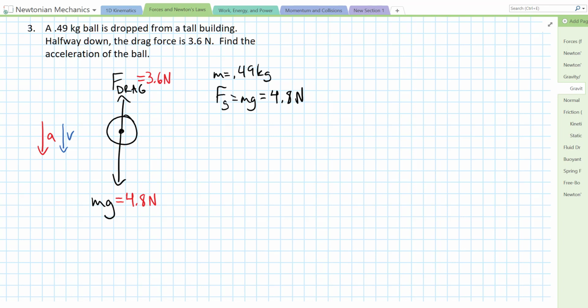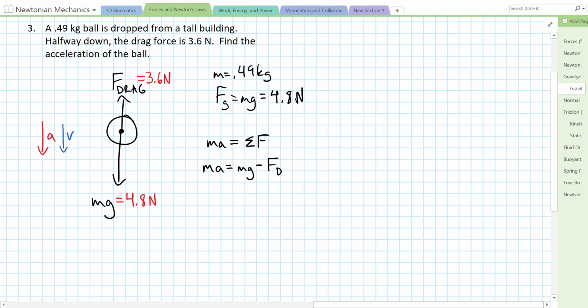Now let's set up Newton's second law. Mass times acceleration is equal to the sum of the forces. ma is equal to, well, our downward force is mg. That's going to be our positive force because our acceleration is down. So ma is equal to mg. Drag is in the negative direction, minus force of drag.